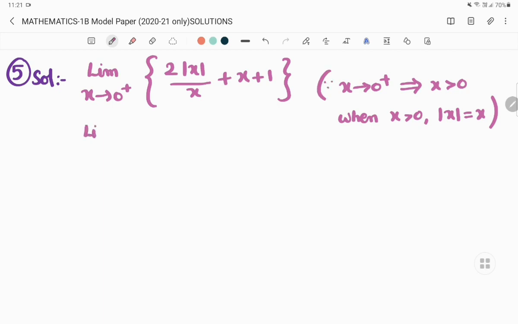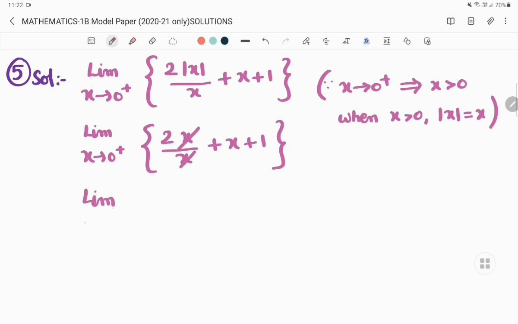So, limit x tends to 0 plus. In place of mod x, you have to write x. 2x by x plus x plus 1. Over here x cancels. Limit x tends to 0 plus, 2 plus x plus 1.